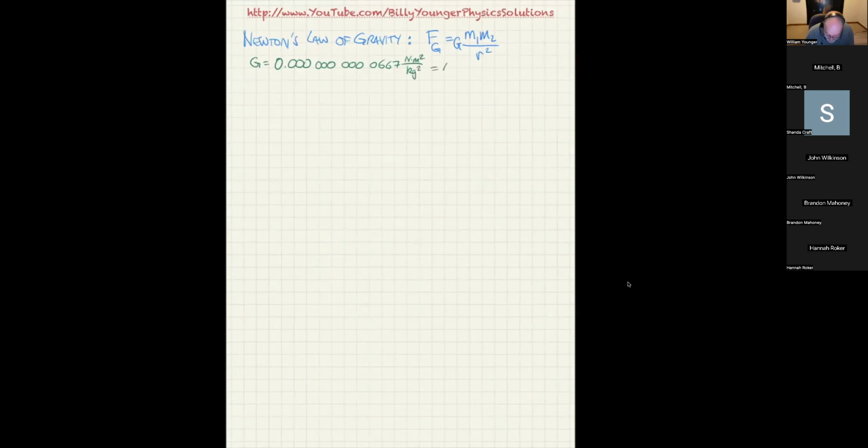Okay, that's also 6.67 times 10 to the negative 11th newton meters squared per kilogram squared.